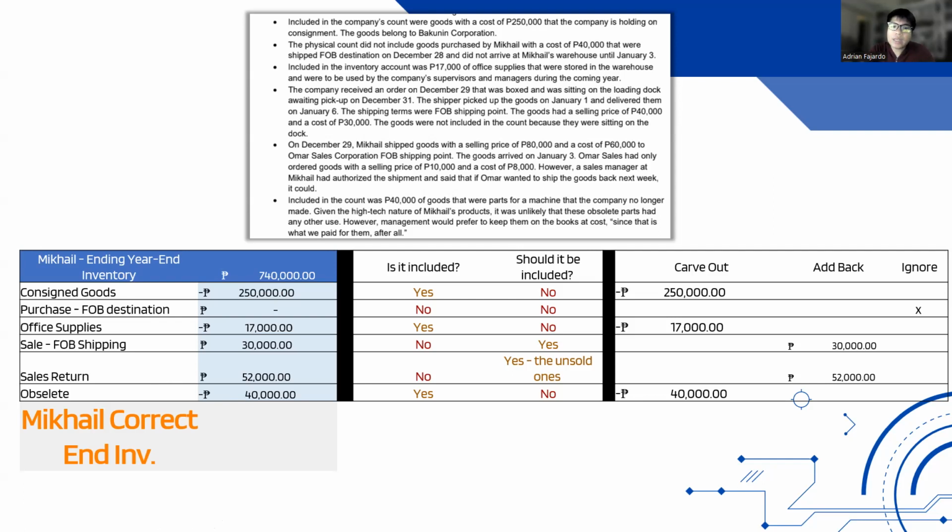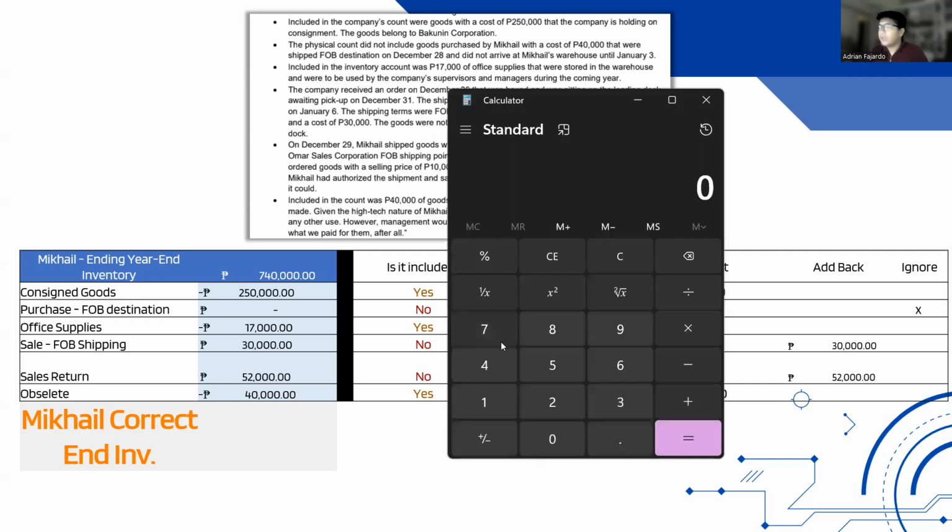So, what is the correct ending inventory? It should be 740,000. Sorry. 740,000 minus yung 250 for item 1.